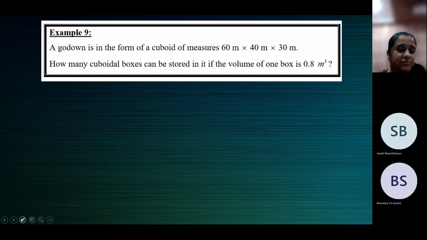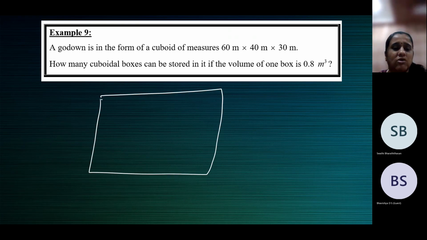So a godown is basically a big room, usually in the basement, though it can be on the ground floor, first floor, or second floor. That is the underground floor.